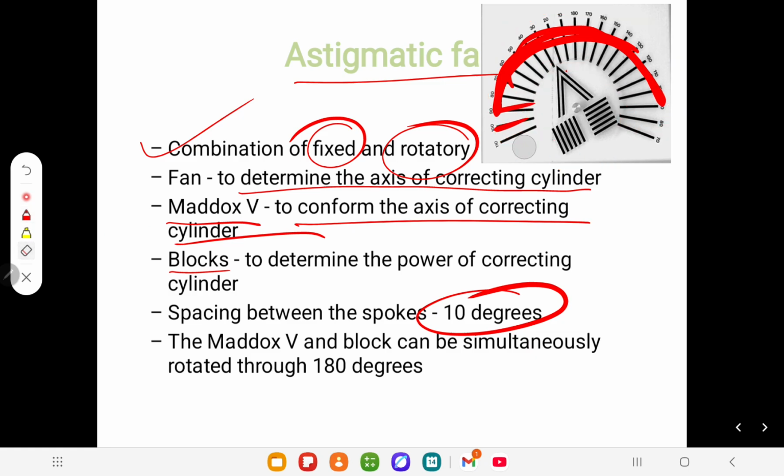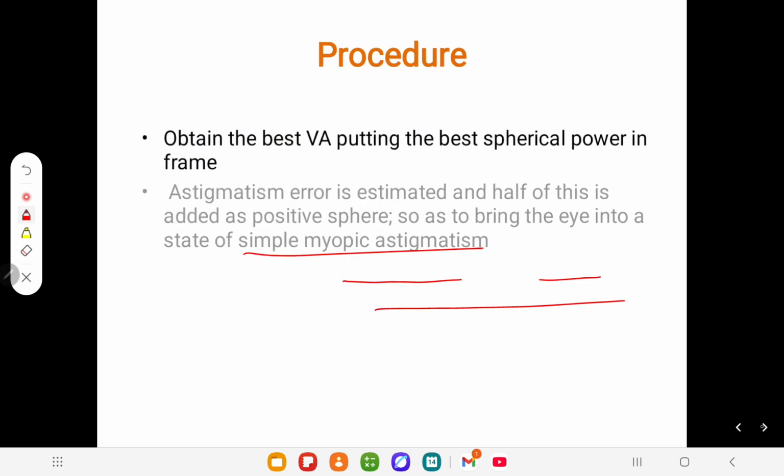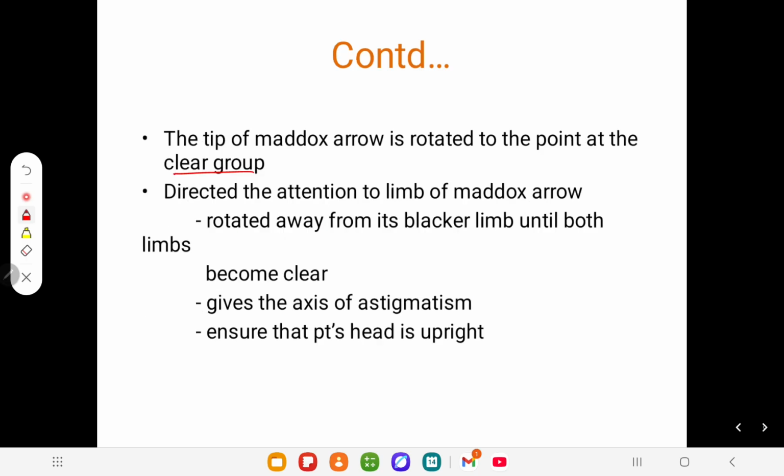We have to ask the patient which line is clearer, whether this line or that line, while slowly unfogging, and then we rotate this tip towards the clearest line. Are you getting the concept?